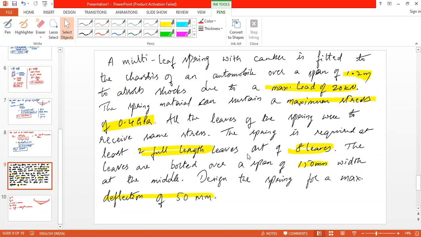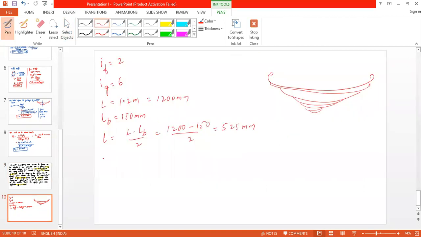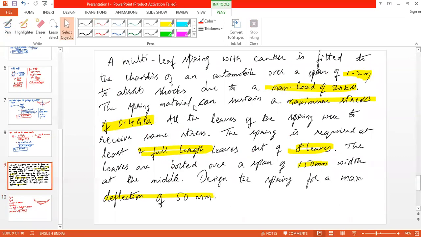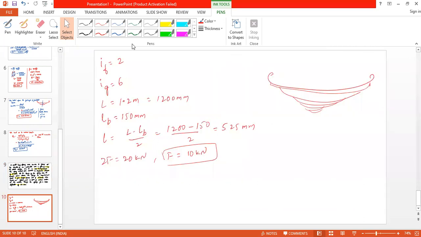And the load is 20 kilonewton. So 2F is equal to 20 kilonewton, so F is 10 kilonewton. And here the spring material can sustain a maximum stress of 0.4 gigapascal, and all the leaves of the spring will receive the same stress, that is equalized stress.